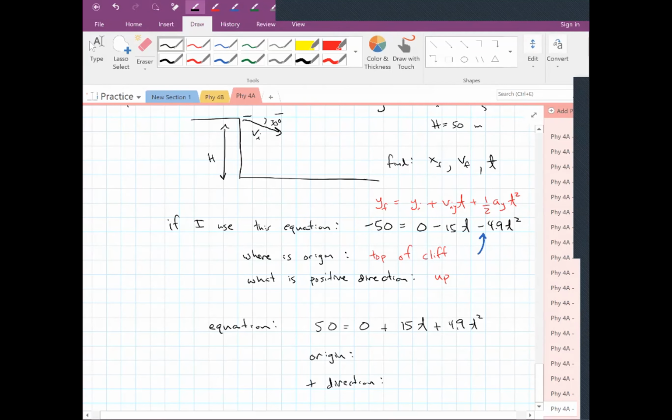Origin is the top of the cliff again. And the positive direction this time is down. Okay.